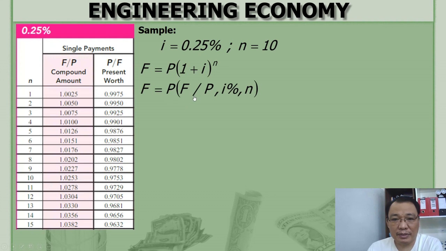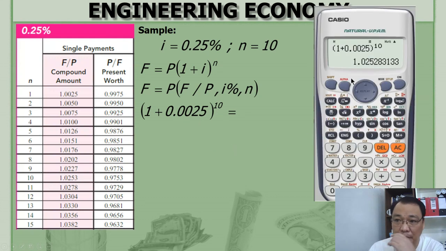Or simply this one, the symbol F given P at I percent in n periods. So if you will compute 1 plus, or convert this one from percent to decimal, 0.0025 raised to 10. And using your calculator, the value is this one, 1.02528.